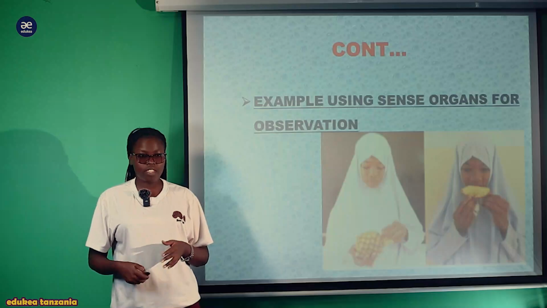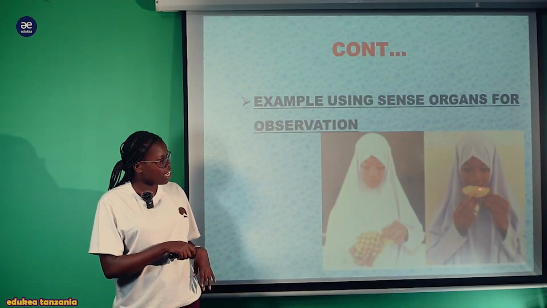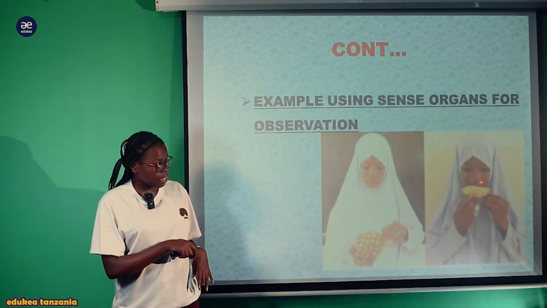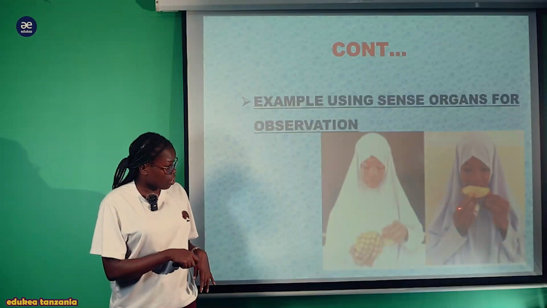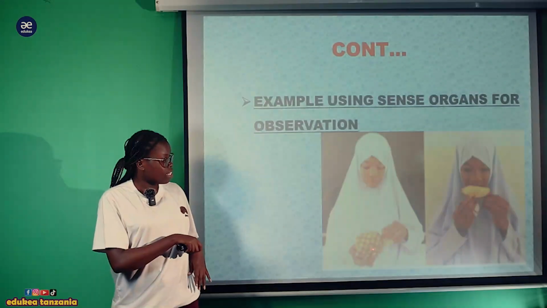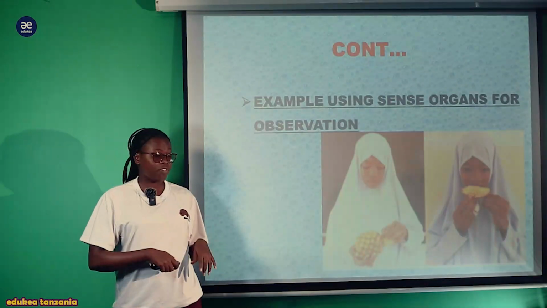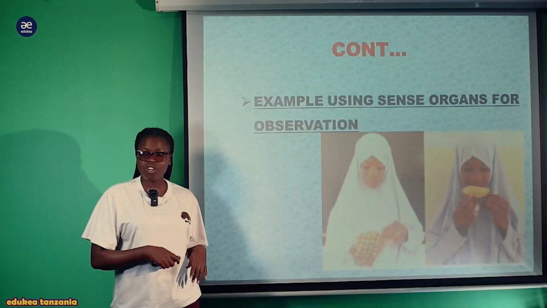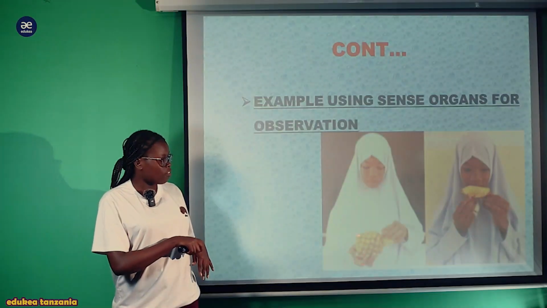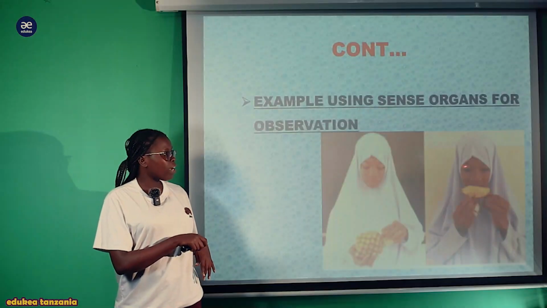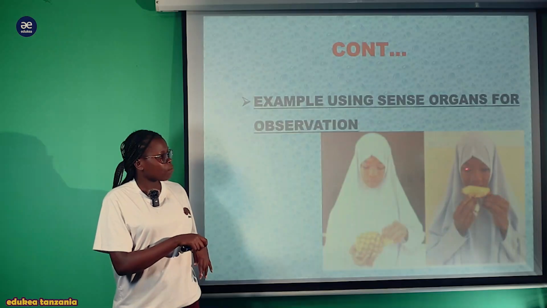Now let's look at how we can use our sense organs to observe different things. Let's take an example here. One of your fellow students tastes the pineapple to see whether it is sweet or sour. Another one is using the skin to observe the texture of the pineapple. That is all about observation. Now you can ask yourself why the texture of the pineapple is so rough, and why the taste of the pineapple is so sweet.